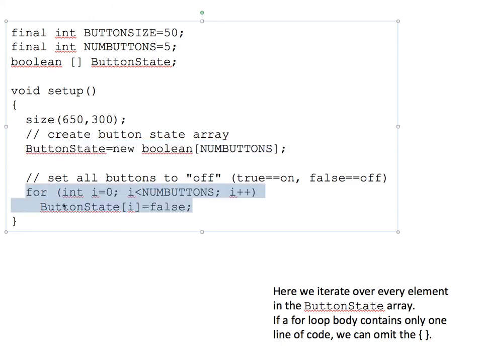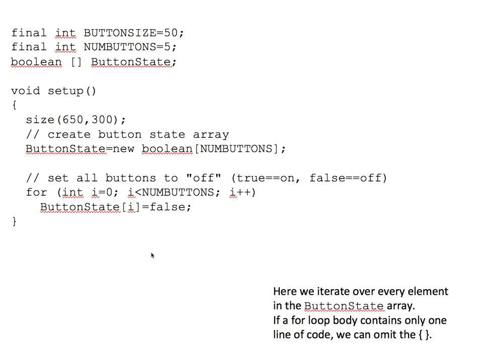Here we have a for loop, which says loop over the array from 0 to numButtons minus 1, incrementing the index by 1 at every iteration around the loop, and we set the ith button state element of the array to false. That clears the array and sets all the buttons to off.